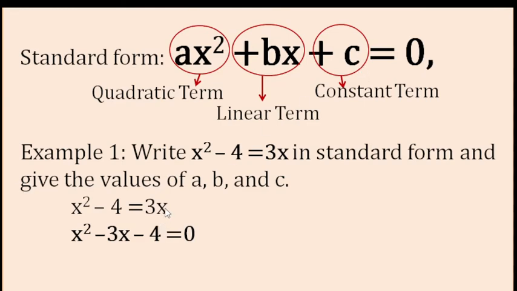We move 3x to the left side, and it becomes negative. Now, what are the values of a, b, and c? We have a equals 1. If you don't see the coefficient of x squared, it's understood to be 1. Then b is negative 3, and c is negative 4.